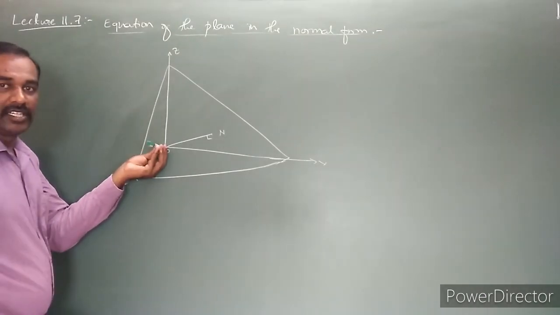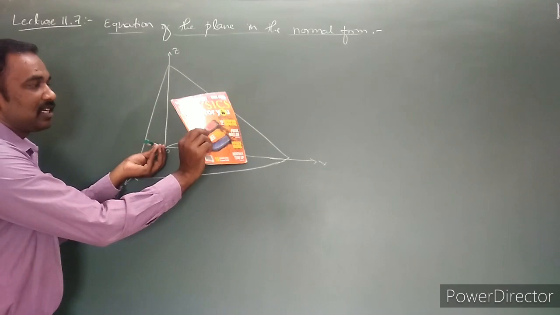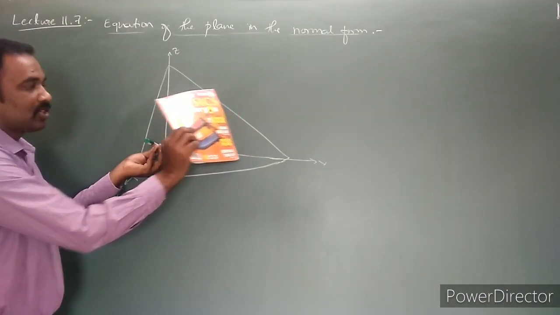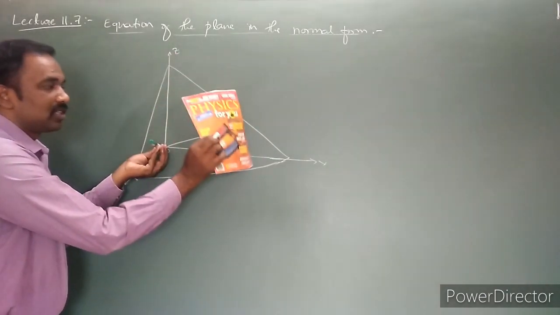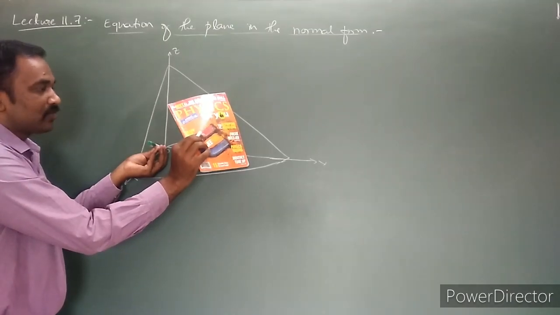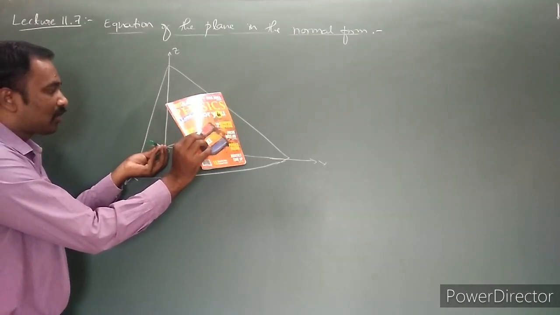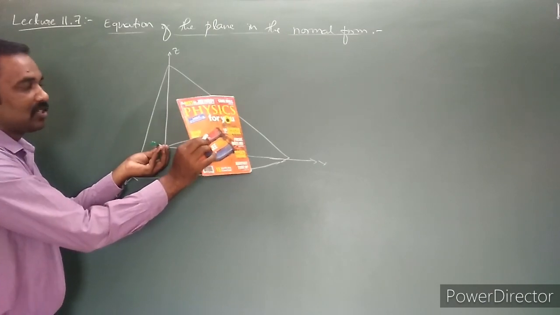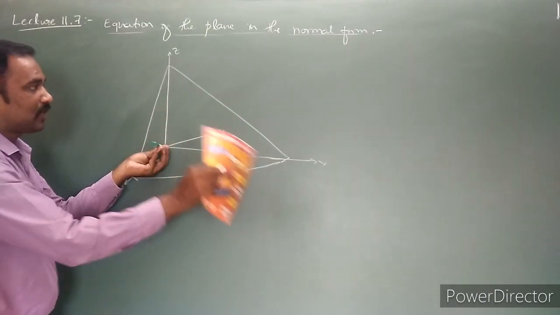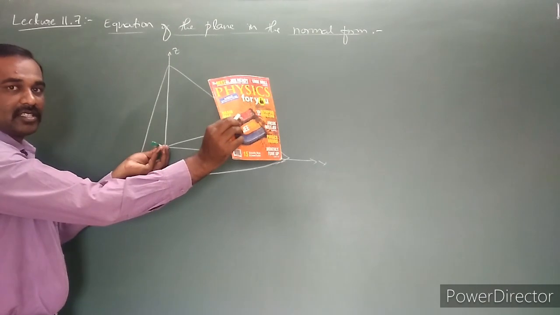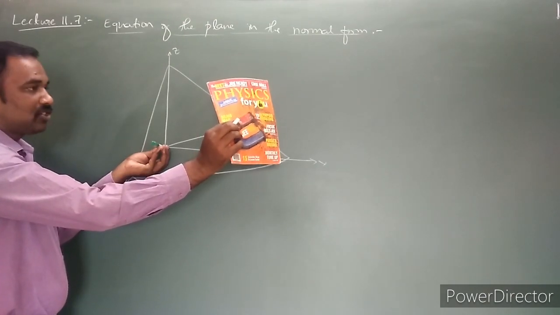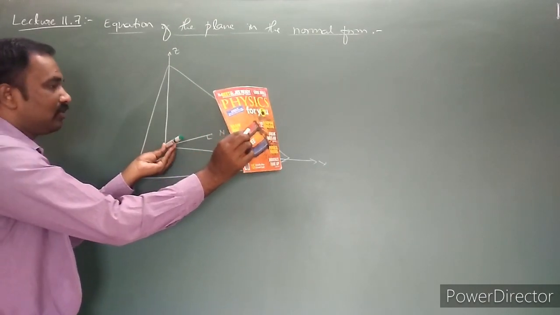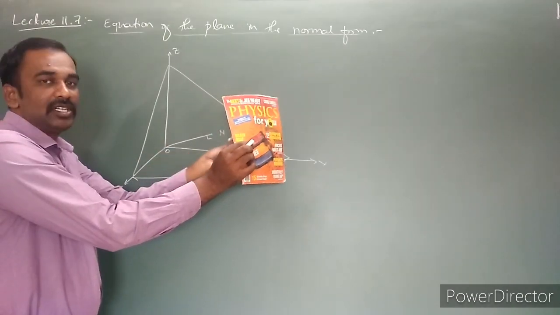Now I consider the plane. The plane is there in this manner. Now I draw the normal from the origin. This is how the x, y, z axes are there in 3D, and this is a plane in space. I need to draw the normal from the origin to the plane.